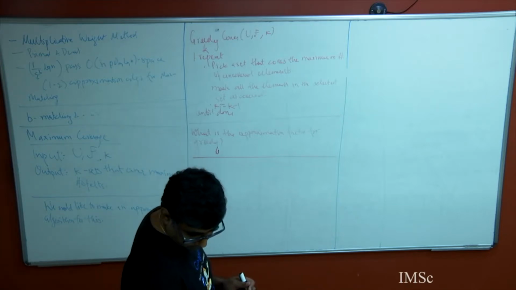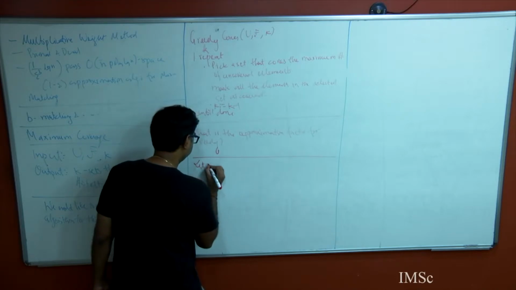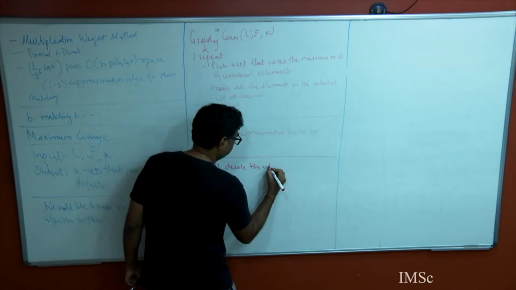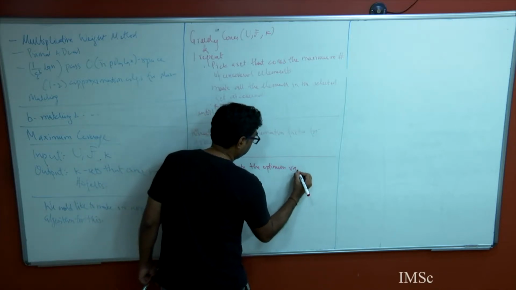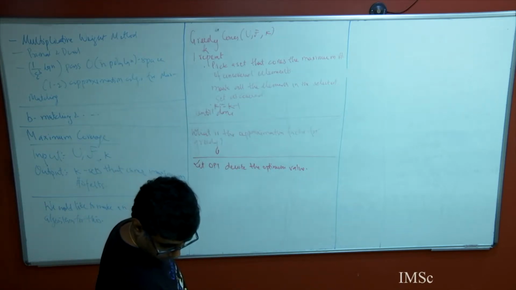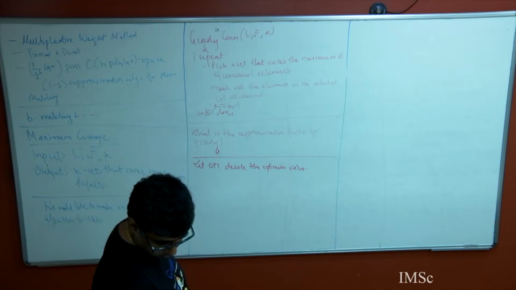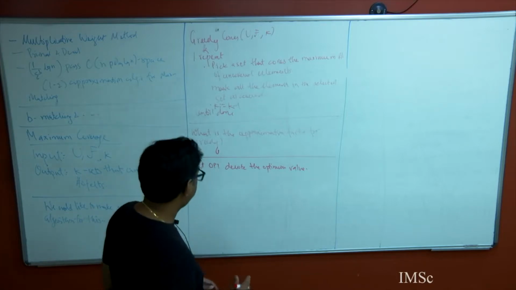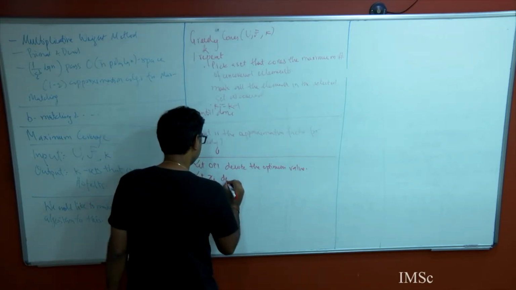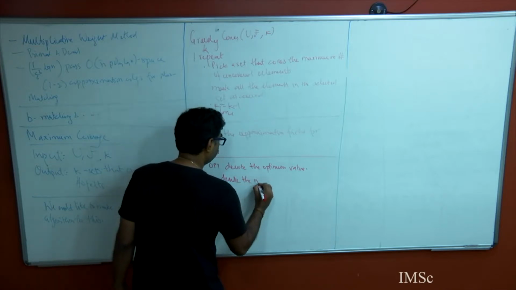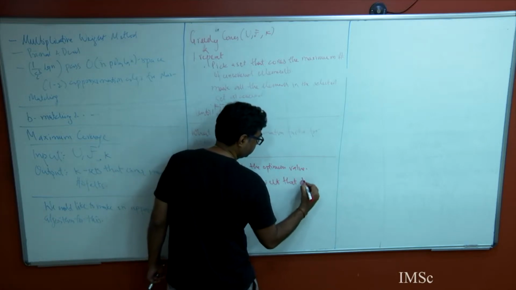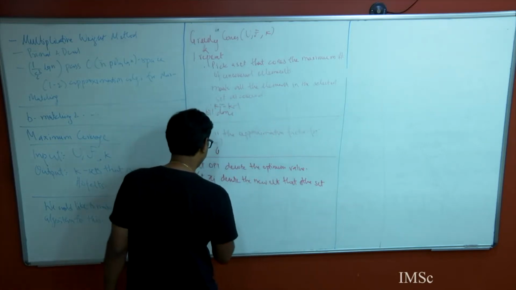Let opt denote the optimum value. Let x_i denote the new elements that the set selected by greedy covers.